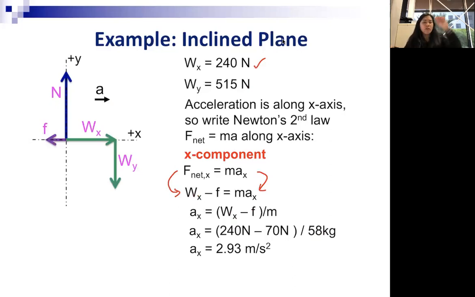It's a recipe of drawing the free body diagram, figuring out whether you want to do the x component of Newton's second law of motion or the y component, depending on what's being asked in the question, getting the net force along the horizontal or along the vertical, and then finding whatever you want to find based on the question.